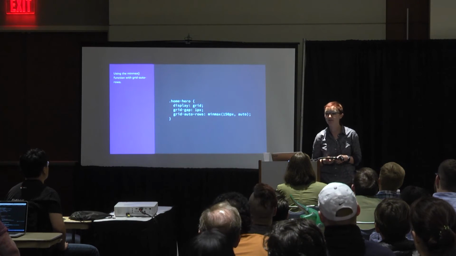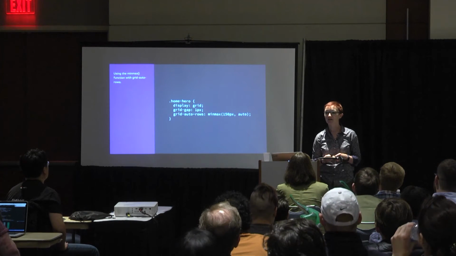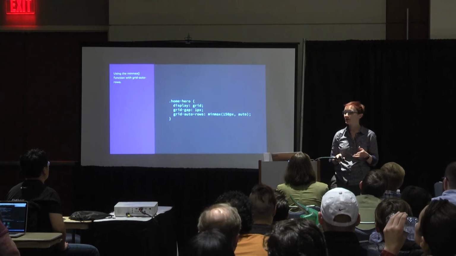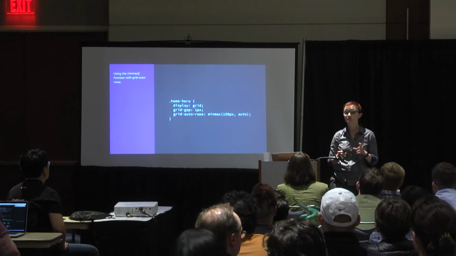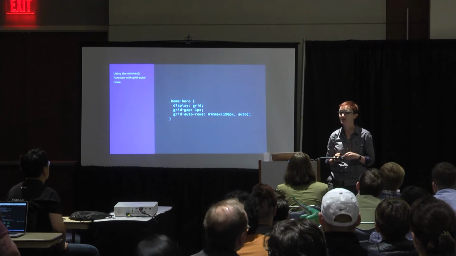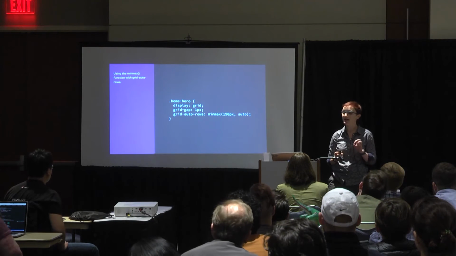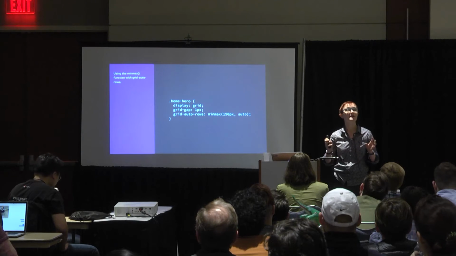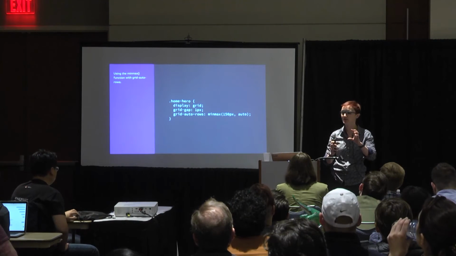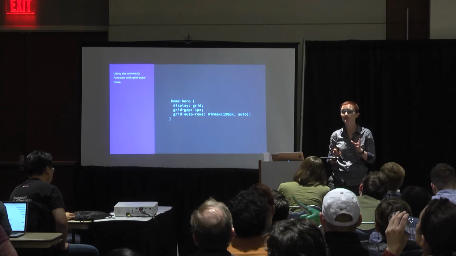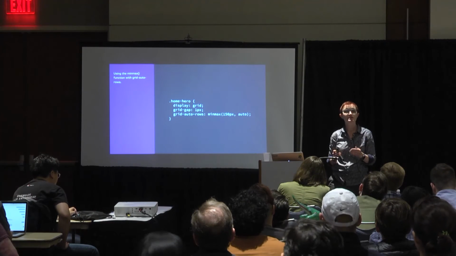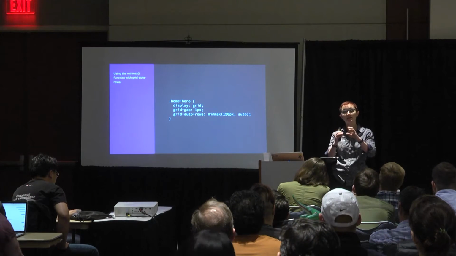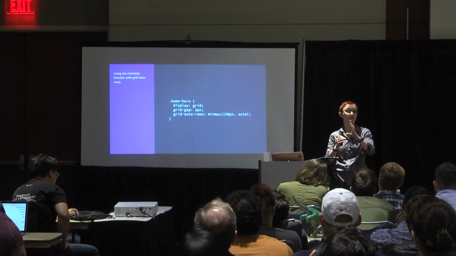And this works by using the minmax function in my track sizing. I mentioned earlier that grid-auto-rows gives a height to the rows that Grid creates in the implicit grid. So I'm using minmax here to get a track that is at least 150 pixels tall, which is what I want for my design. I'd like my tracks to be 150 pixels tall, but it has a maximum of auto. So if more content is added, then the layout expands to contain the content.